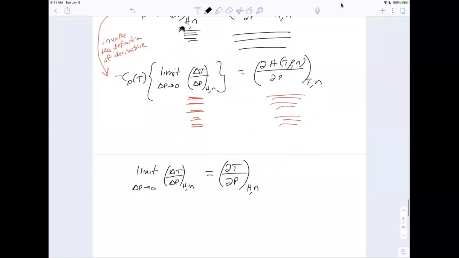And this is defined as, I'm going to use this Greek letter, eta, E-T-A. You might see other Greek letters. It's the Joule-Thomson coefficient.